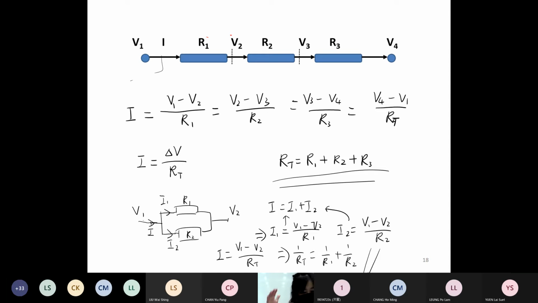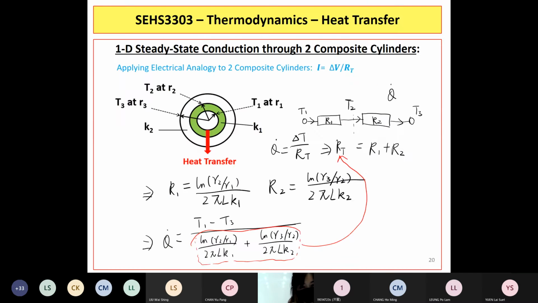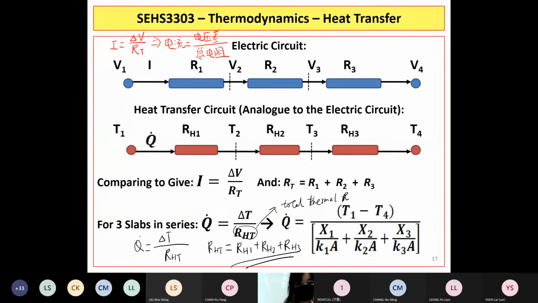So we try to simplify our calculation in conduction. We use a similar way to solve our thermal problem, our heat transfer circuit.